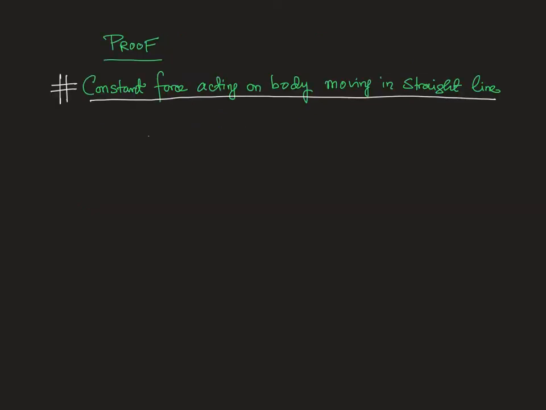Now we will prove this theorem. The first case is when a constant force is acting on a body moving in a straight line. This is state 1, and the body moves in a straight line from state 1 to state 2.